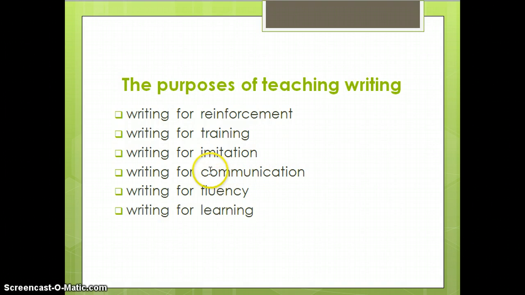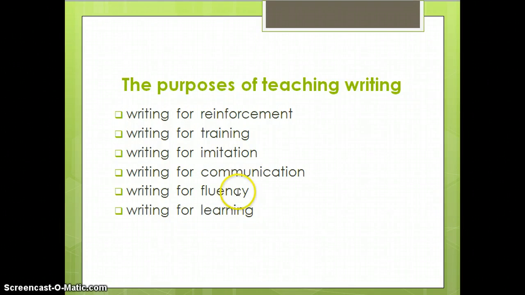The task doesn't lead to the aim because the context and the situation are not realistic. The fifth category is writing for fluency. Teachers who are interested in this type of writing consider it as a means to discover ideas.